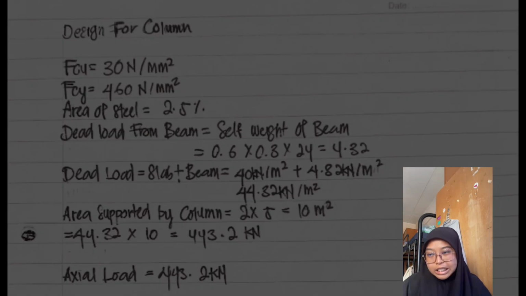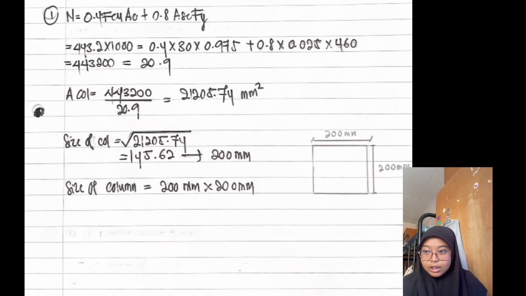So by using the equation N equal to 0.4 times FCU times area of concrete plus 0.8 times area of steel times FCY, we can get the area of column. So the area of column that we get is 21,205.74.